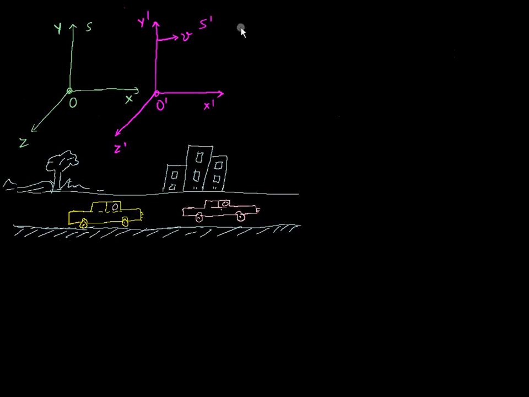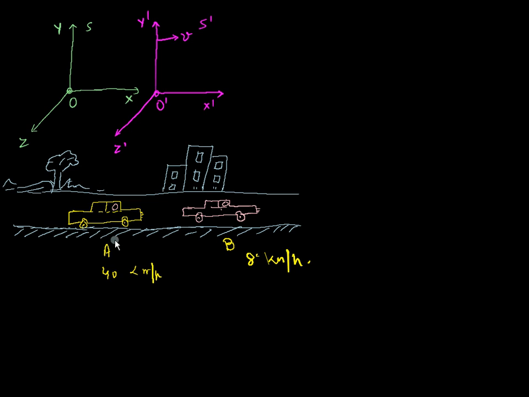One more situation you can see here: this is the reference frame S and this is the S prime frame. Car A is moving with some constant speed, say 40 km per hour, and B is moving with 80 km per hour. The speed of car A, 40 km per hour, is constant.